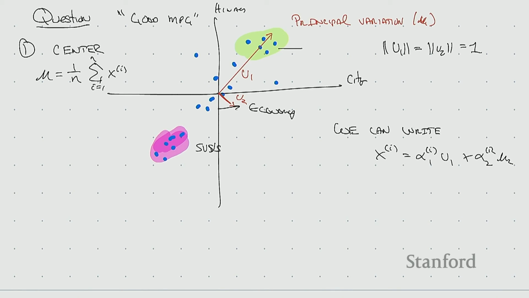Now the thing is, we may only decide, by the way, to use this for dimensionality reduction, we may only keep this component, okay? Because it explains more variation. And that's going to be how we define it. Variation.